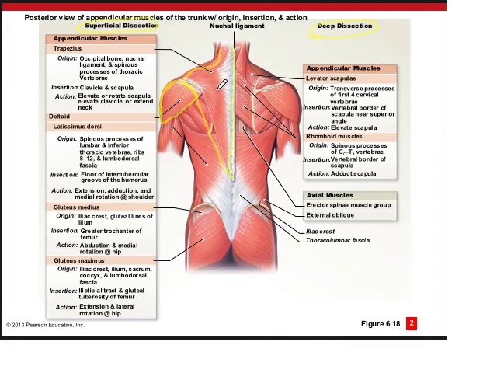Origin is the occipital bone and the nuchal ligament, which is basically dead center on the back of the skull, as well as the spinous processes of the thoracic vertebrae. He inserts onto the clavicle and the scapula, and he can elevate or rotate the scapula, elevate the clavicle, and extend the neck. Very powerful muscle.